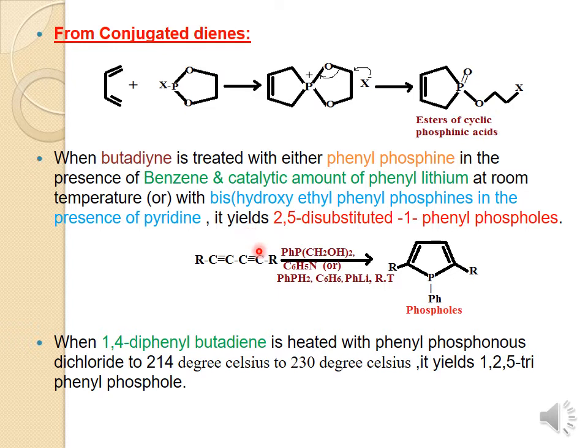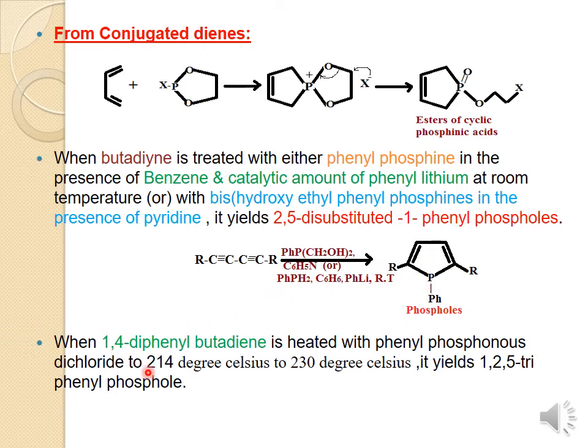Then moving on to the next preparation, you take the butadienes. When the butadiene is treated with phenyl phosphines and then alcohols in the presence of benzene or pyridine, or the phosphines, benzene, phenyllithium, lithiates at room temperature, if we add all these reagents, then the phospholes will be obtained.